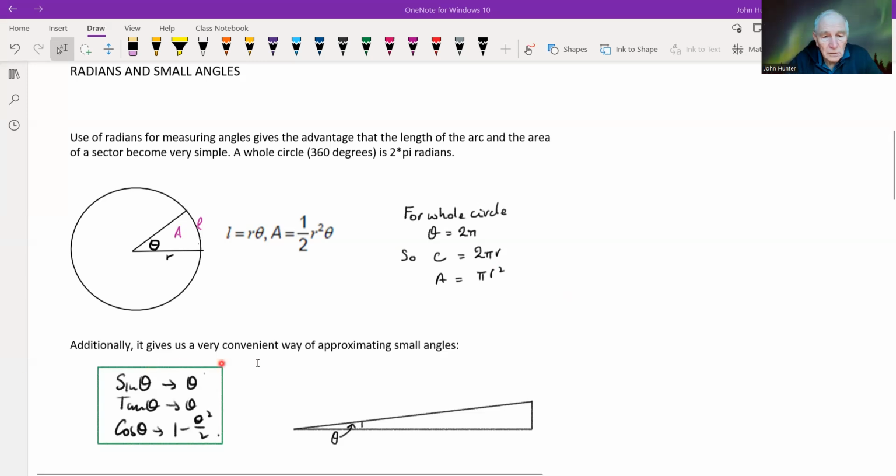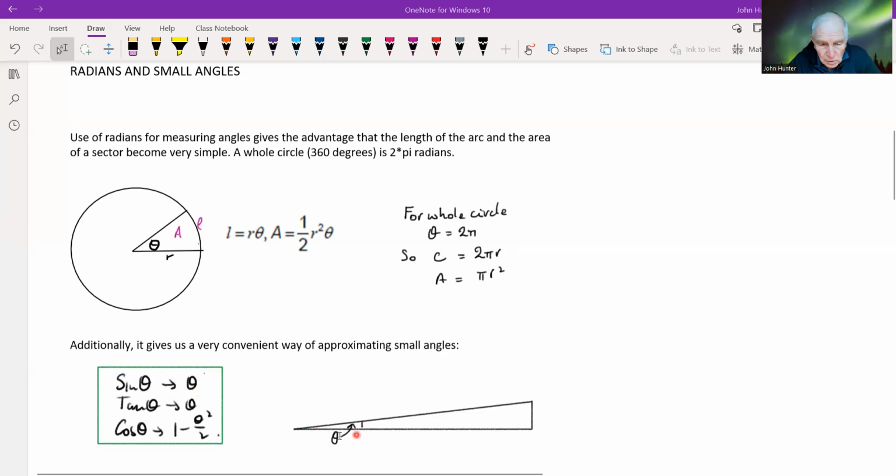It gives us a convenient way of approximating small angles as well, because if we look at this small angle here, then as the angle gets smaller and smaller, this ratio sine theta becomes closer and closer to the value of theta.